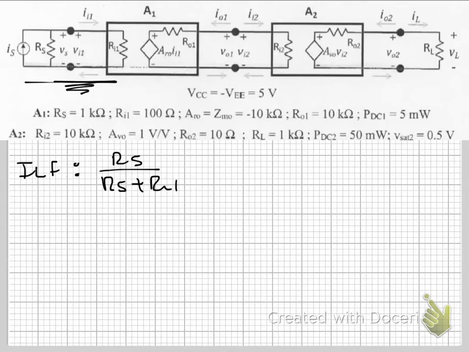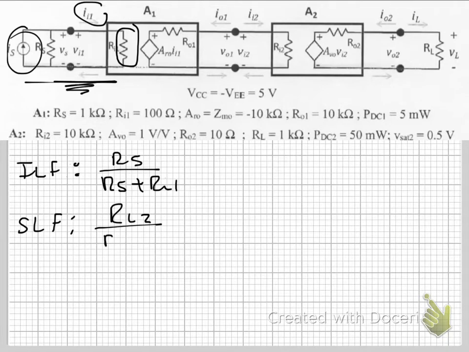You're trying to get the ratio of the current I1 to the total current, and that's it. And for your middle stage, your self-loading factor, it is Ri2 over Ro1 plus Ri2.